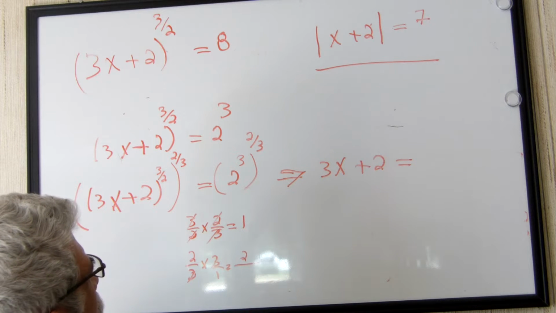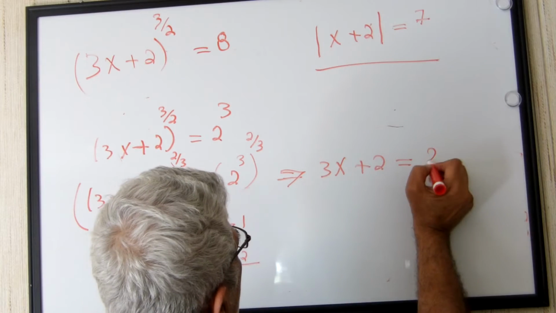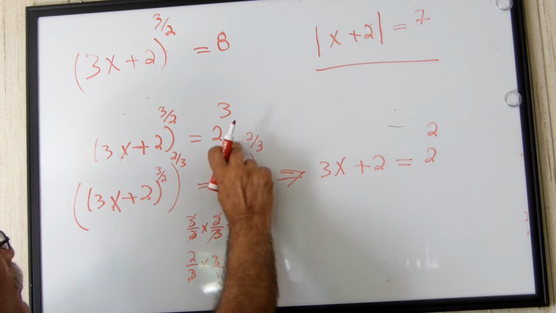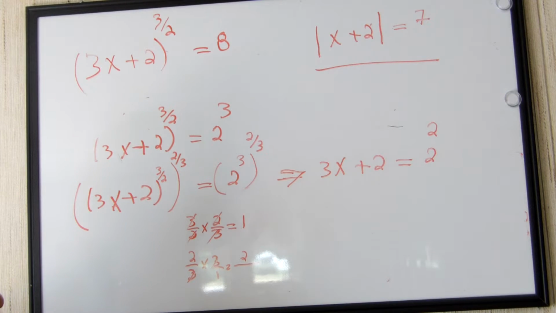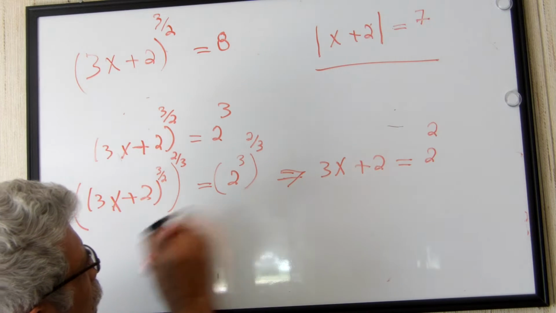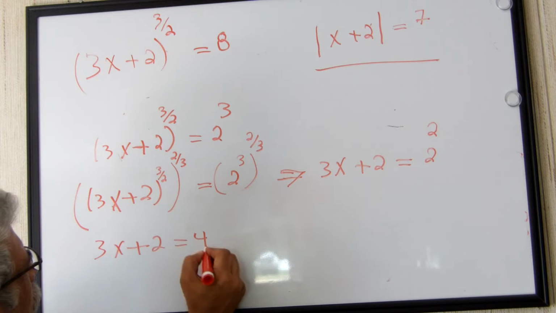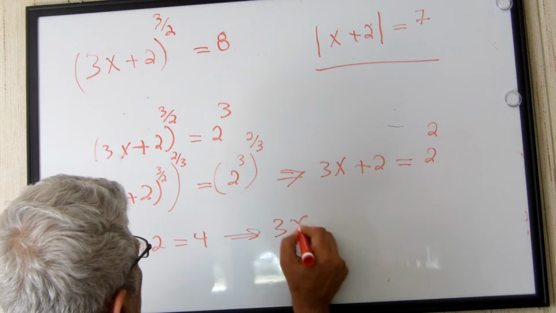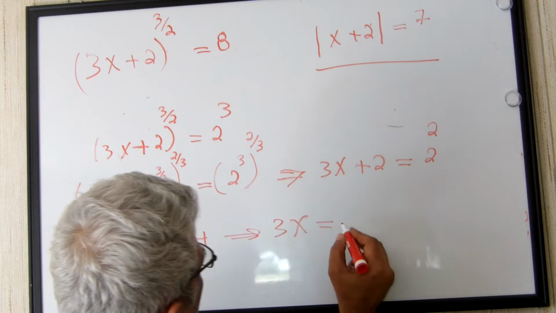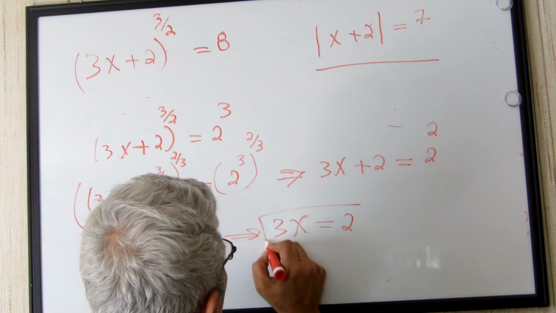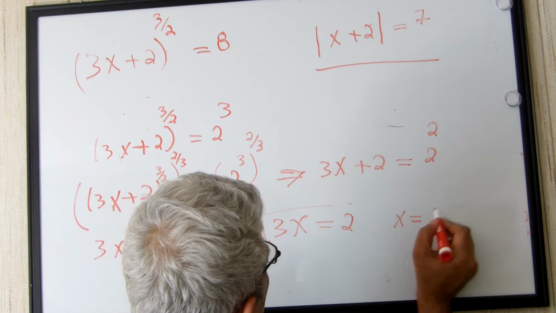It remains 2 to the power of 2. Now we say 3x plus 2 is equal to 4, and then 2 comes to this side, 4 minus 2 is 2, so 3x equals 2, and then x is going to be 2/3.